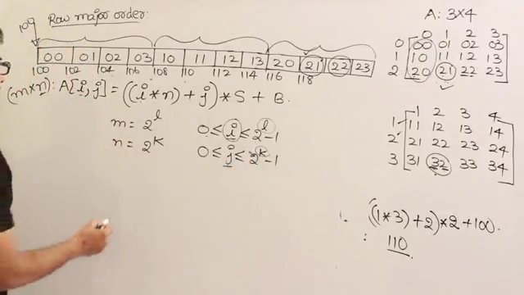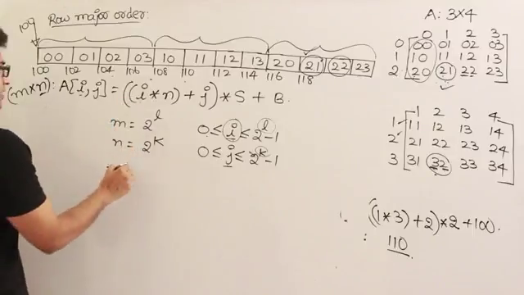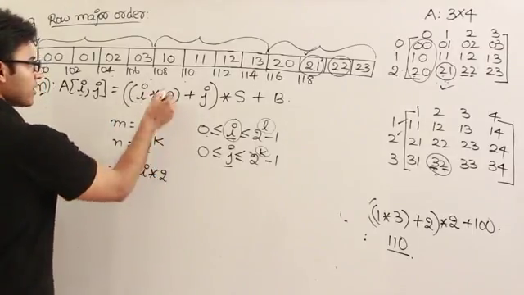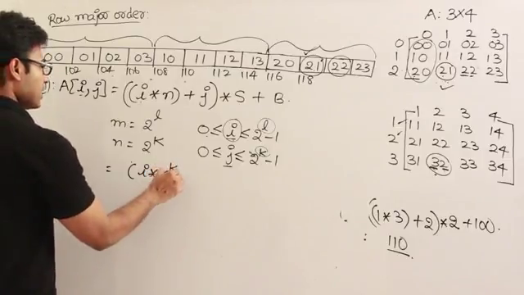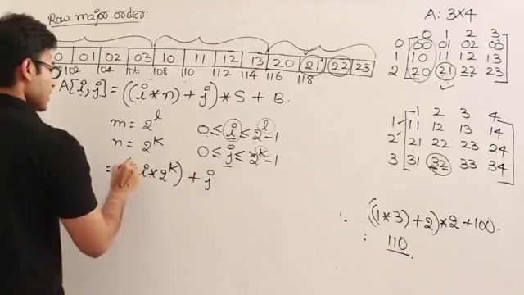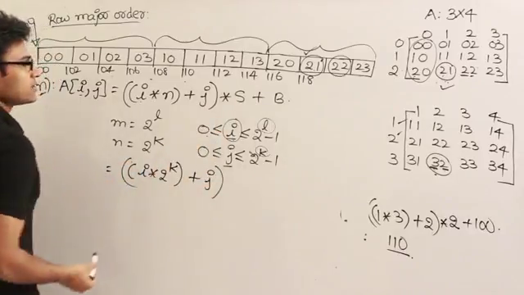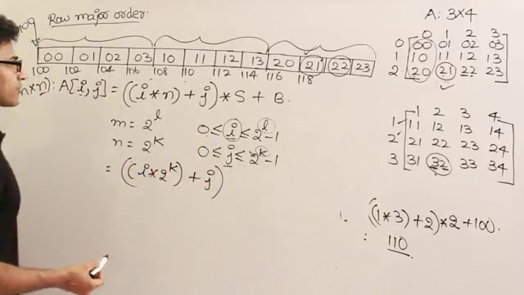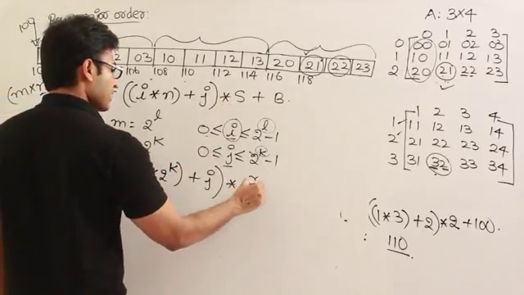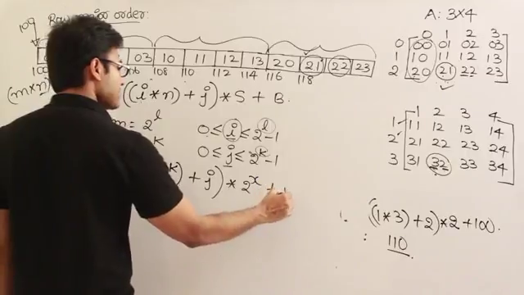Now I'll write this entire address like this. The entire address can be written like this: I into 2 power, what is n? k, plus what is j? Let me leave it as j, and let me say the size of each element is 2 power x words, right? Then it is 2 power x plus b.